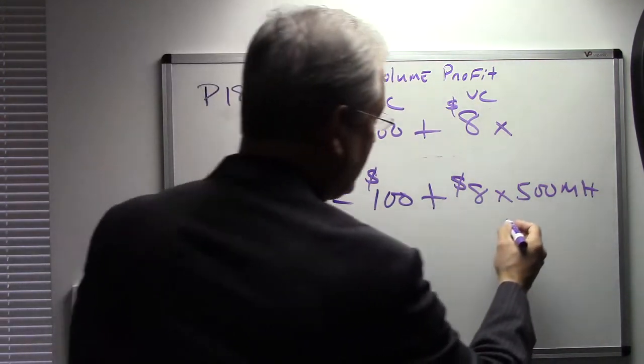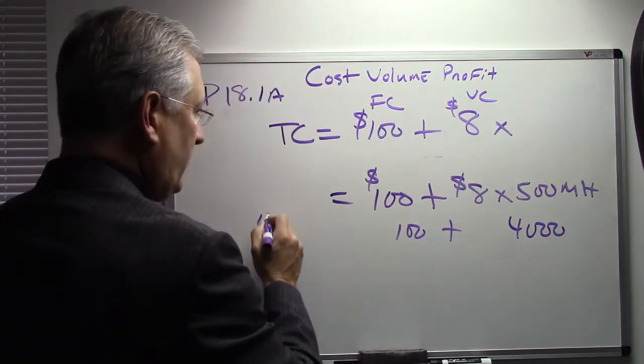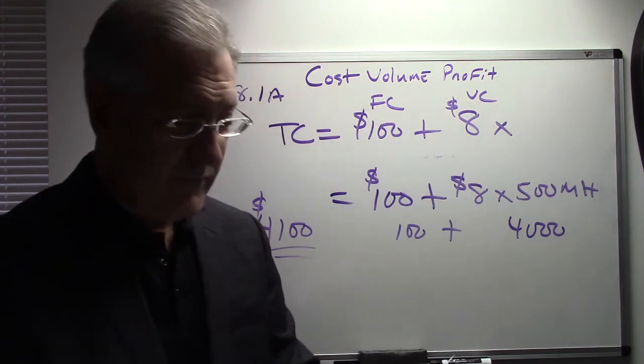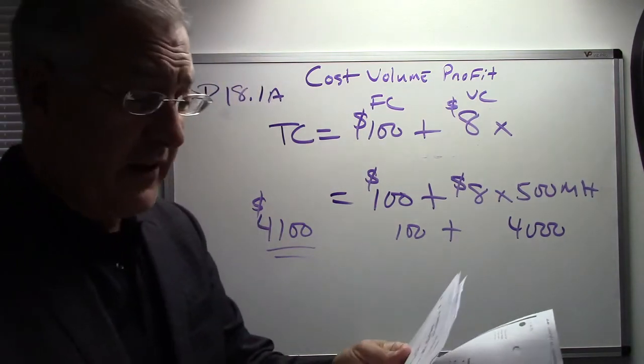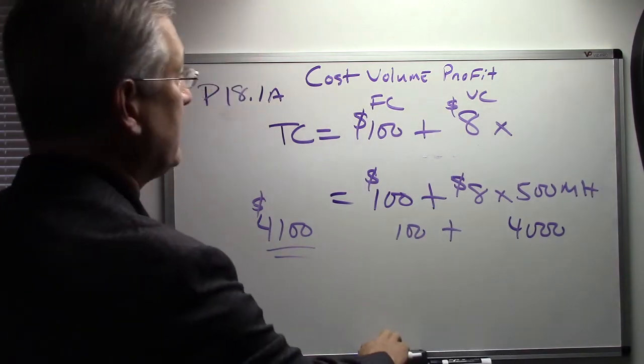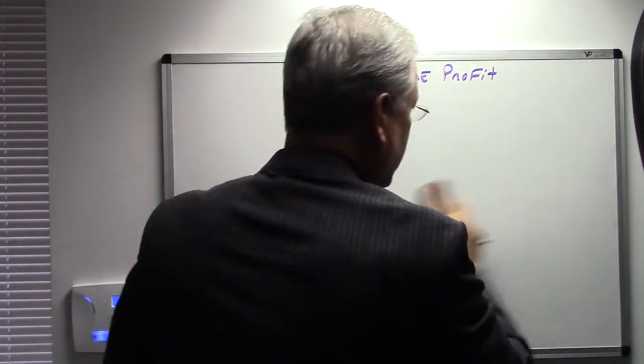So you can see this is going to be $4,000 plus $100. Total cost $4,100. That's item B. Item C is another exercise, just trying to figure out the cost at $700, but that's pretty straightforward. Let's look at another problem.